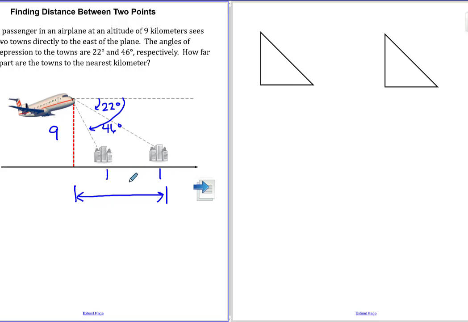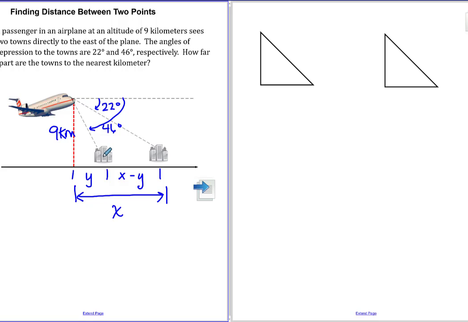We're looking for that. Okay, so we got this total distance, and I don't want to use D. Let's say this is X. So if this is X, we'll call this distance here Y, and this distance between the 2 towns would be X minus Y. So one thing I want to point out, if this is 9 kilometers tall, we're making 2 right triangles, and I see 2 parallel lines, the ground and the line of sight, cut by a transversal here.